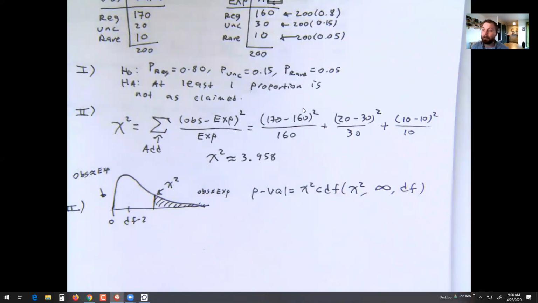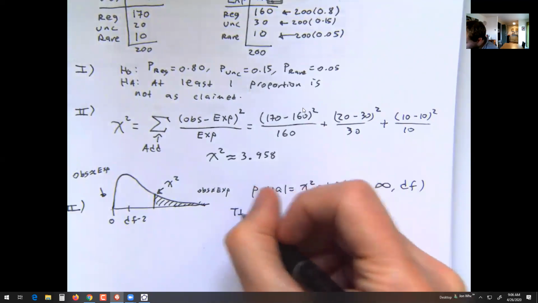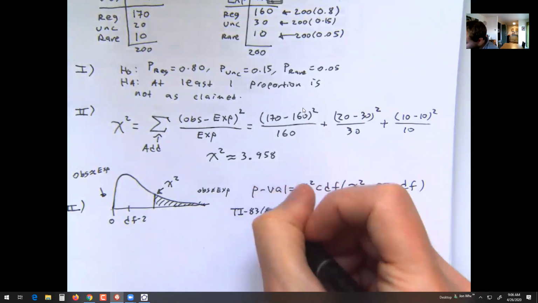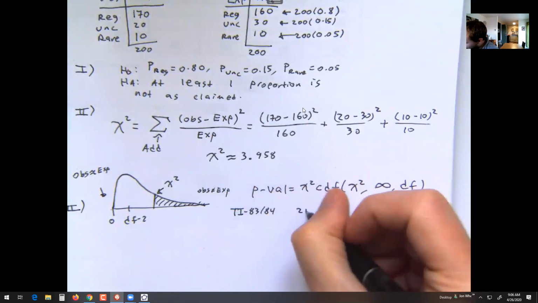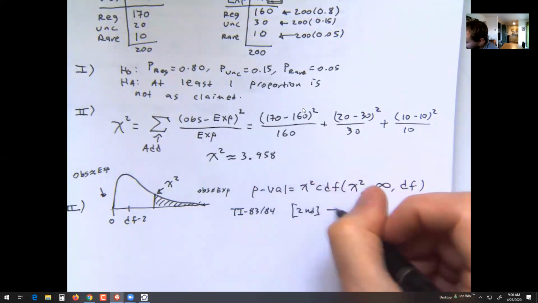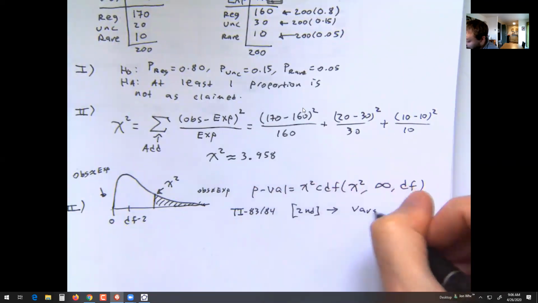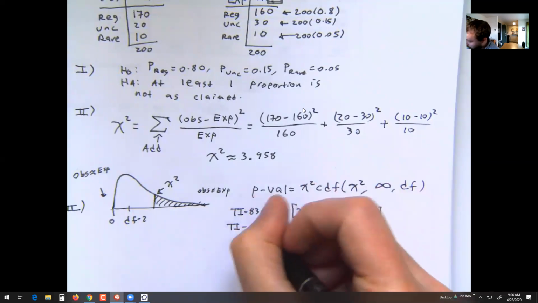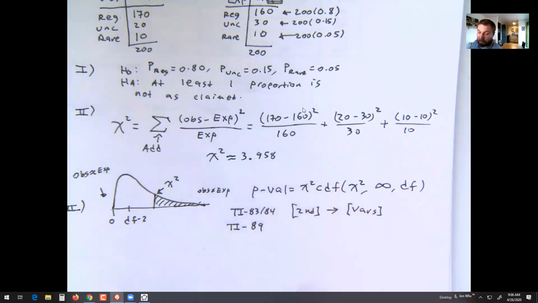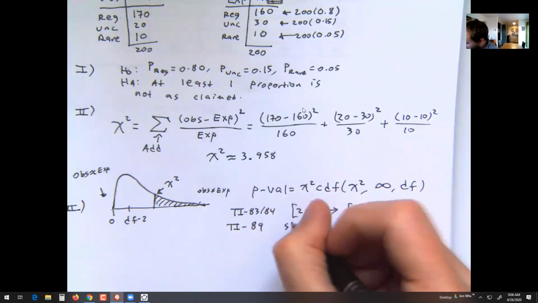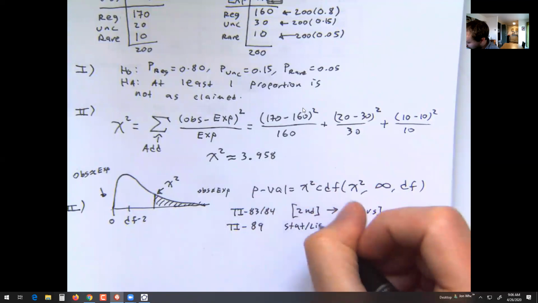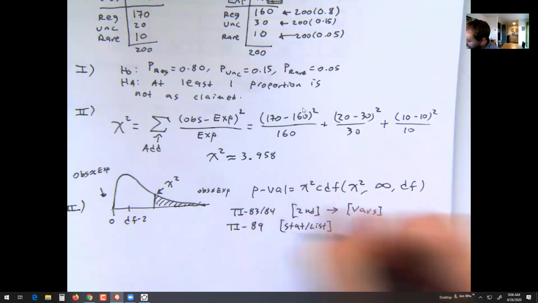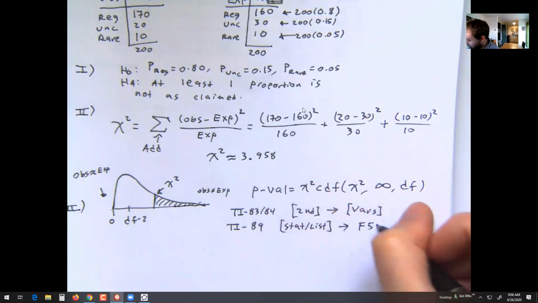I'm going to show you how to do this using a couple different technology sources. But if you're using an 83 or 84, you're going to go second vars to find this. But it works just like the TCDF. If I'm using a TI-89, I need to be in my stat list editor, and then I'm going to choose F5 for distribution.